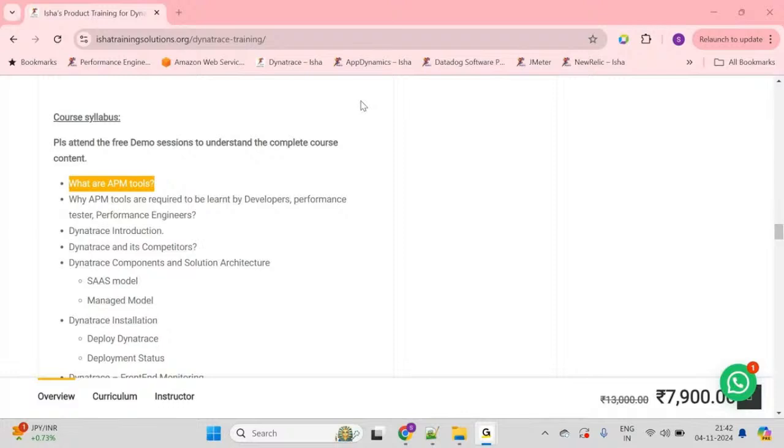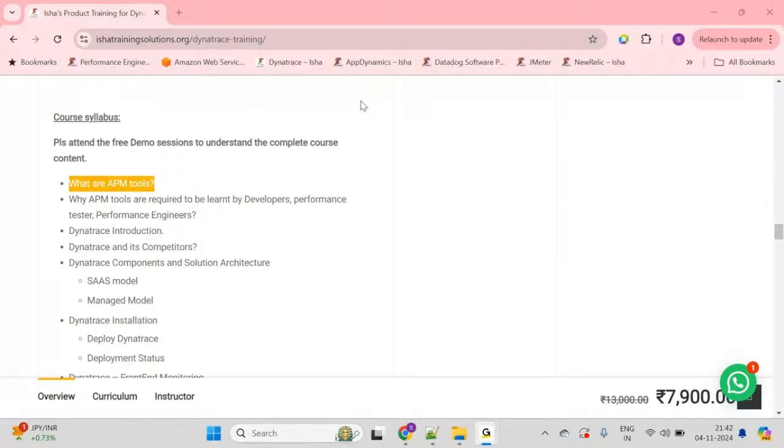Okay, not a problem. So this APM tool is actually a kind of value add for developers, performance engineers, performance testers and everyone, because their job role is to make the application work well in a streamlined way. The primary task of this APM tool is to monitor your application, your infrastructure, and your database.